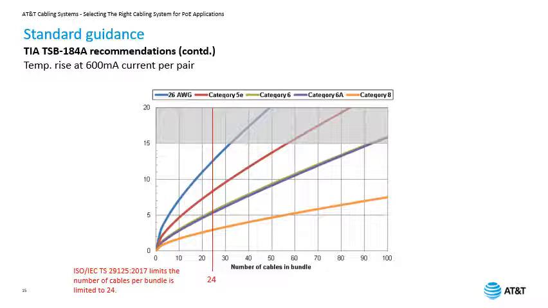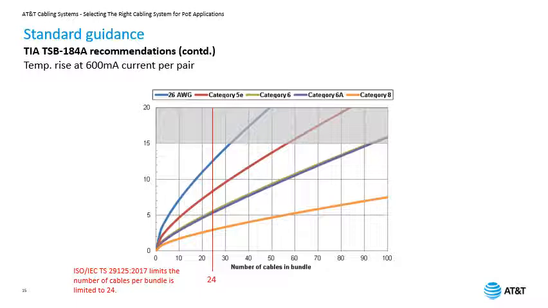This is a graphic representation of the previous table, and we can see clearly that whenever we have a bigger conductor, we get better performance, or less heat generated by the cables, and therefore we can have more and more cables in one bundle.